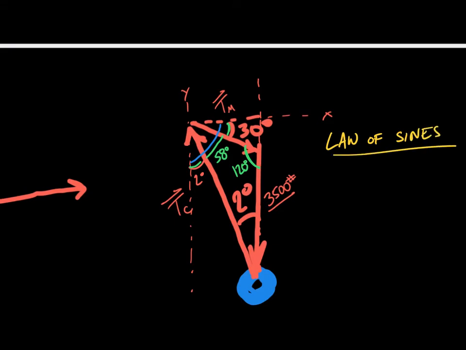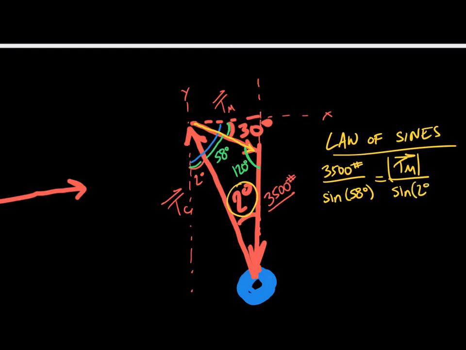All right. So let's say 3,500 pounds over the sine of the angle across from it, which is 58 degrees, equals, let's see, which ones do we want to work with here? Let's find Tm, the magnitude, over the sine of the angle across from it. Here's Tm, so the angle across from it is 2 degrees.